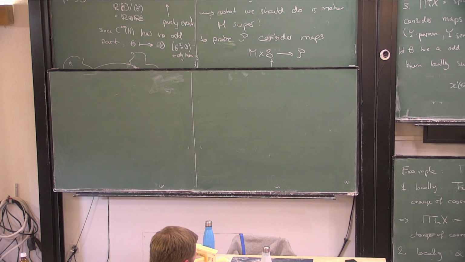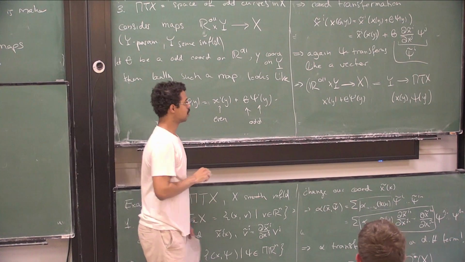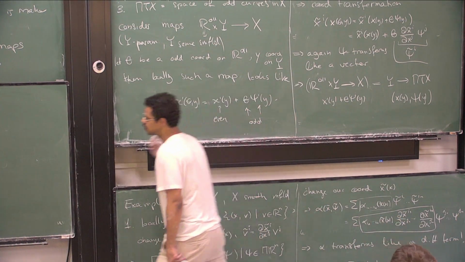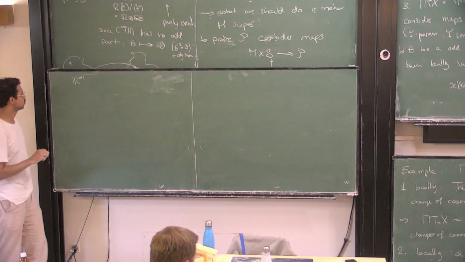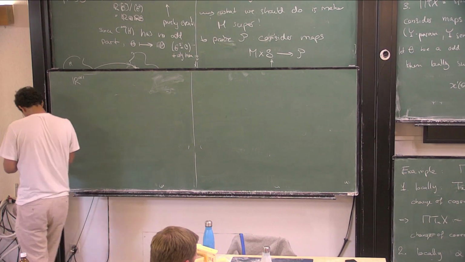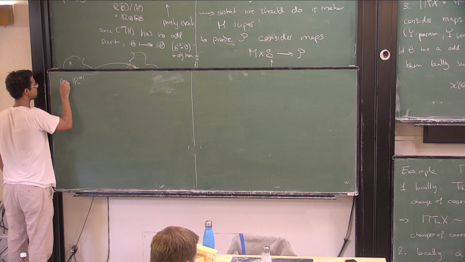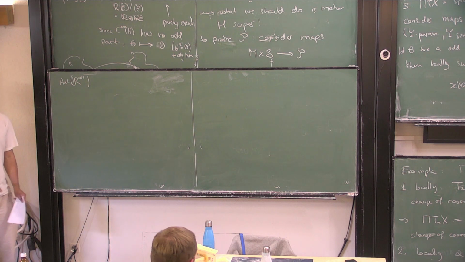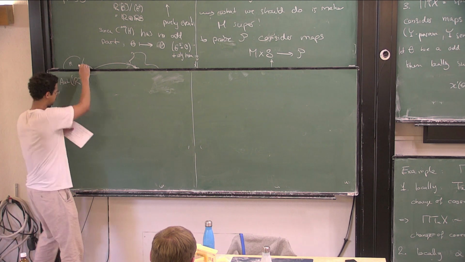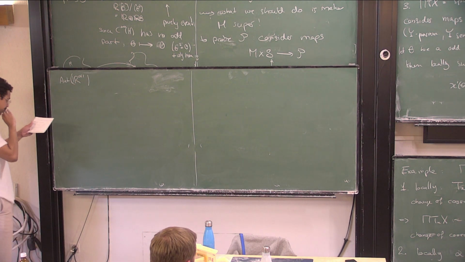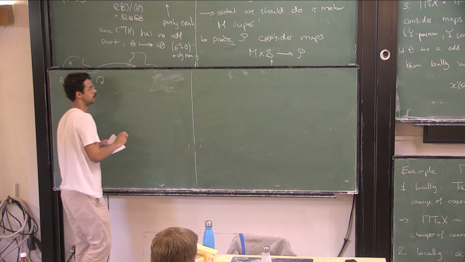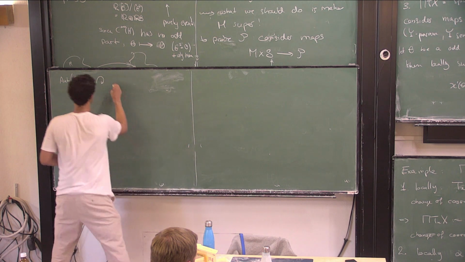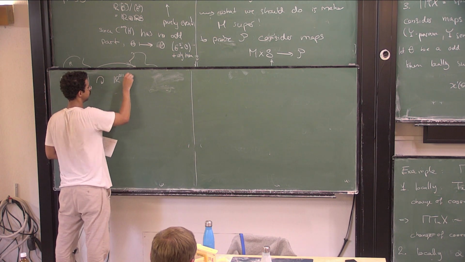So what is good about this space? This space is nice because if you consider R^{0|1}, then you can consider automorphisms of this space. I'll say in a second what they are, but I just want to say that these automorphisms then act on these functions, or these maps.